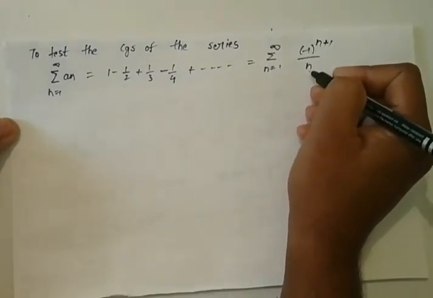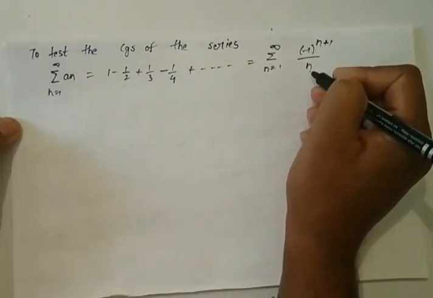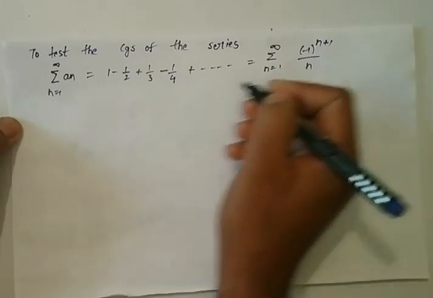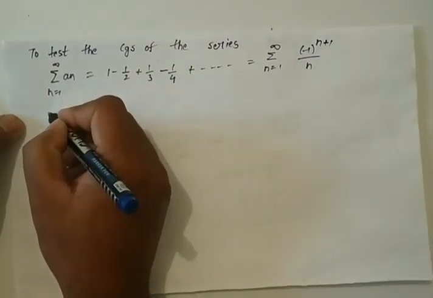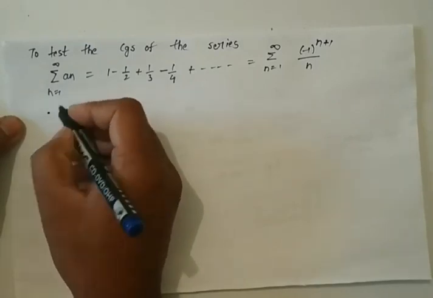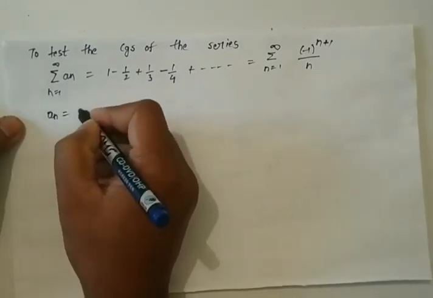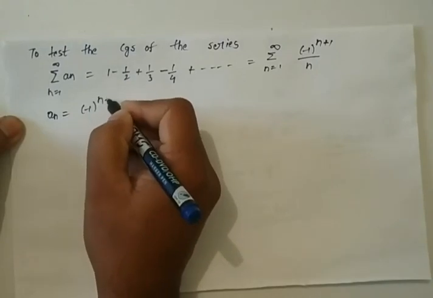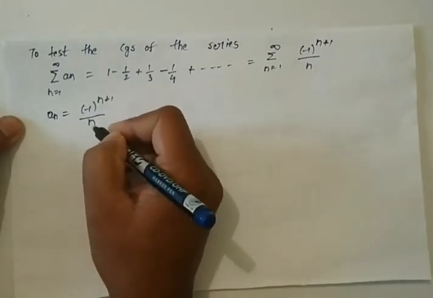First let us consider the given series as summation An. Tell me what is An? Minus 1 whole power n plus 1 by n.